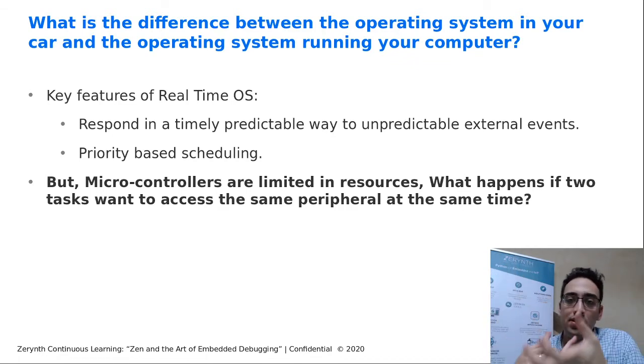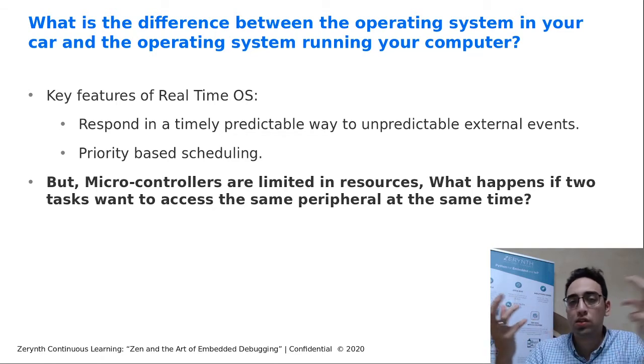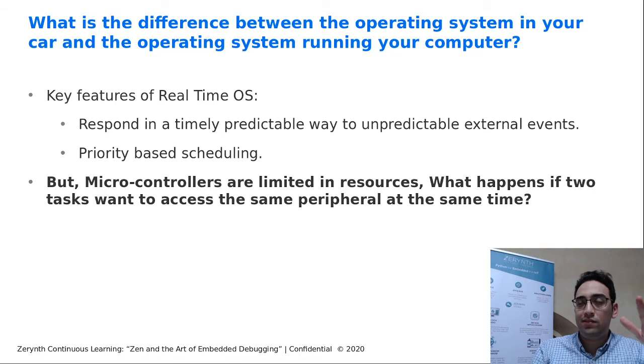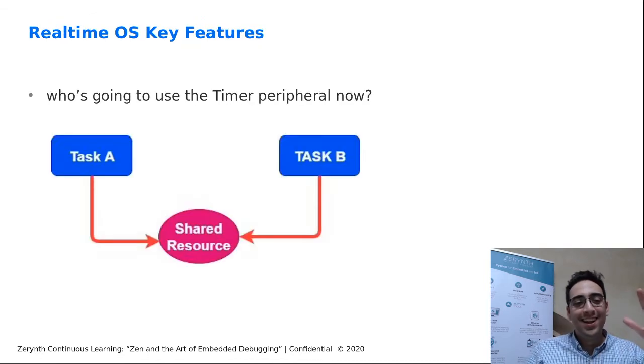So a timer is essentially a resource. What happens if we have two tasks that need to use this same resource? We run into a problem called the shared resource problem. Essentially, multiple tasks want, at the same time, to access the same resource.